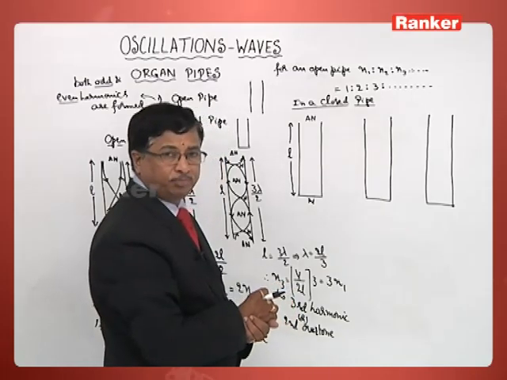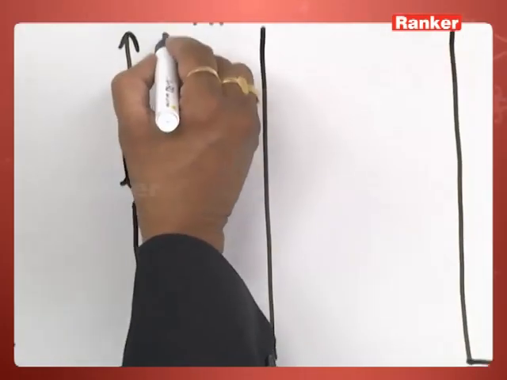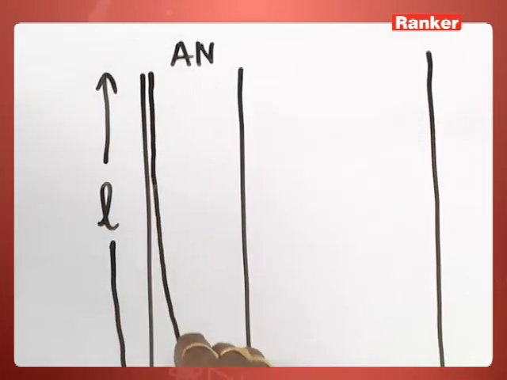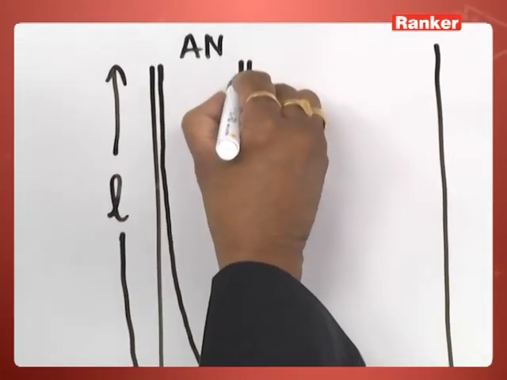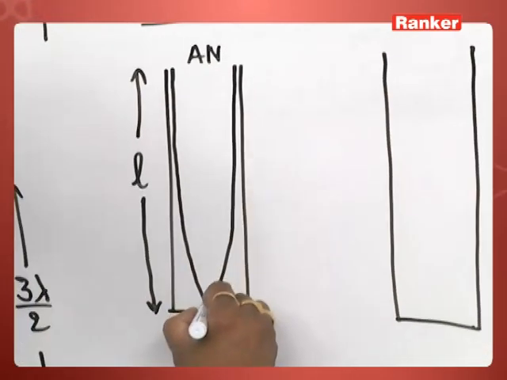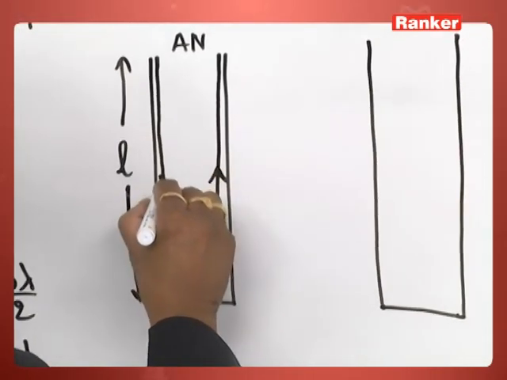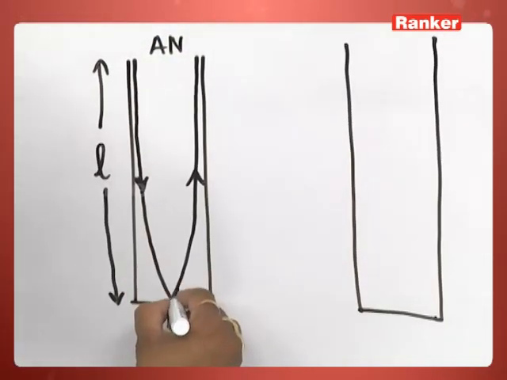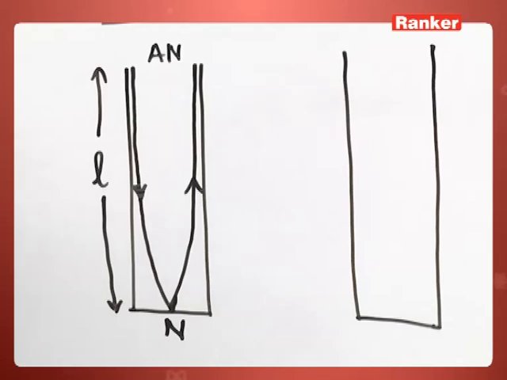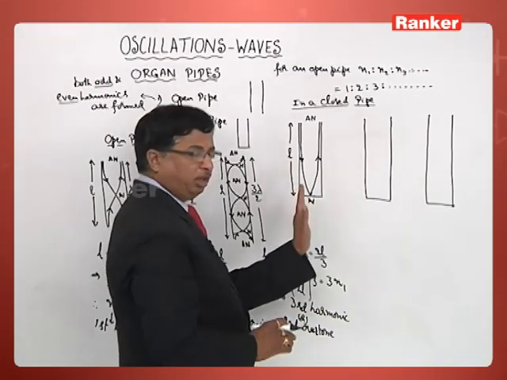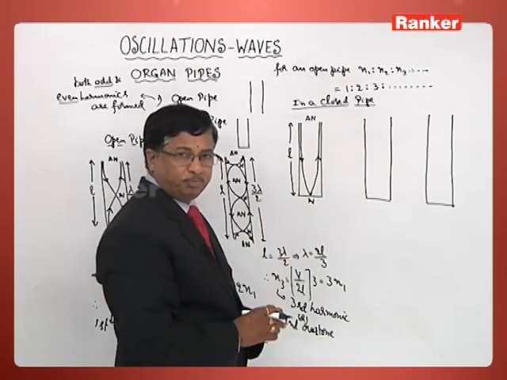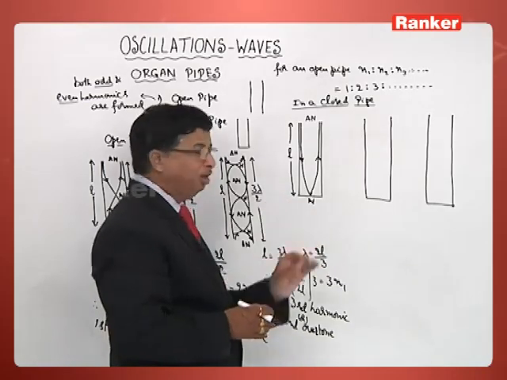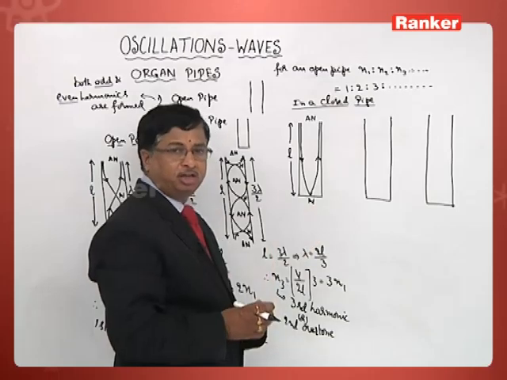So what would be the first or fundamental mode? The wave strikes the bottom and just reflects back this way, forming one antinode at the open end and one node at the closed end. So less than this there is no possibility. One node as a minimum we are getting, one antinode as a minimum we are getting.